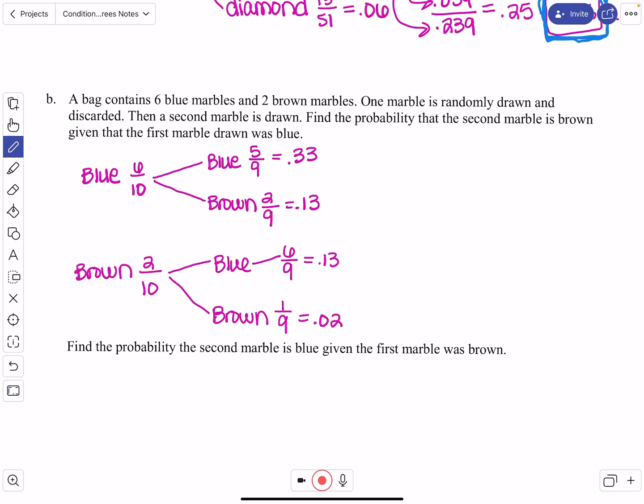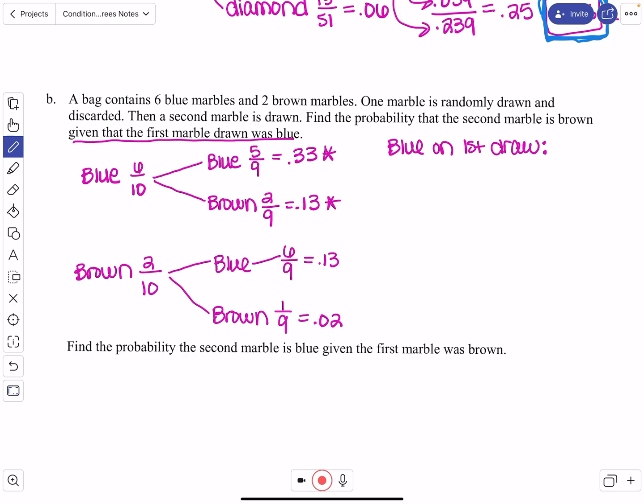Okay, so find the probability the second marble is brown given the first marble was blue. So if I get blue on first draw, right here I'm looking at these two. This is what happened on blue on the first draw.